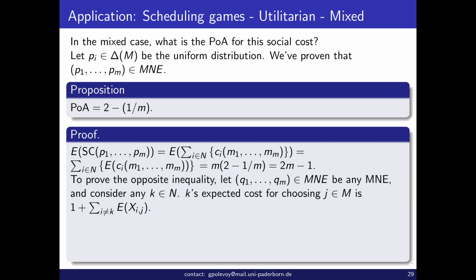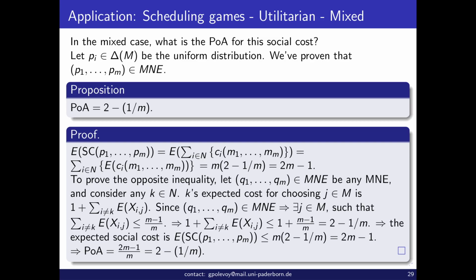Now, let us bound from above the maximum cost that can be in a mixed Nash equilibrium. So let Q1 to Qm be any mixed Nash equilibrium. Not necessarily this uniform one, but any. And consider any player k. The expected cost of player k for choosing, let's start with a pure machine, is 1, so itself, plus all those others who are on the same machine.